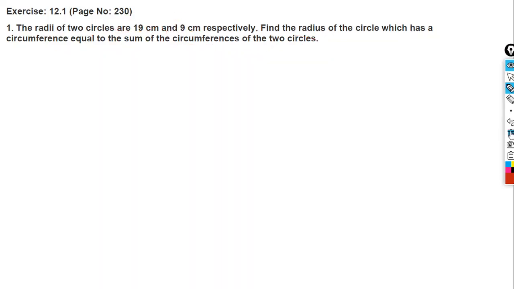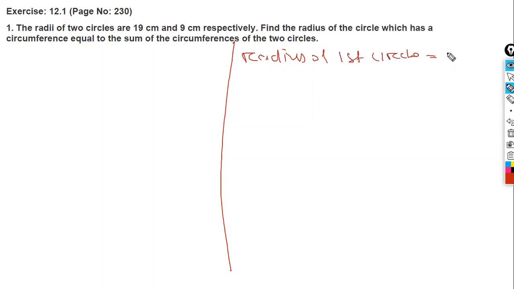We'll write it here. Radius of first circle equal to 19, radius of second circle is equal to 9. Now what we have to find?